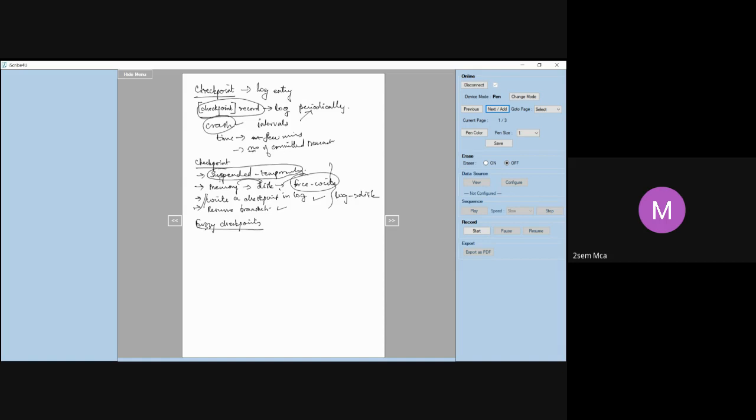You can resume the transactions after the checkpoint record is written. You don't have to wait for the second step to get over. Thereby, you speed up the execution of the transactions, and the delay will be reduced to a greater extent. That is called fuzzy checkpointing.